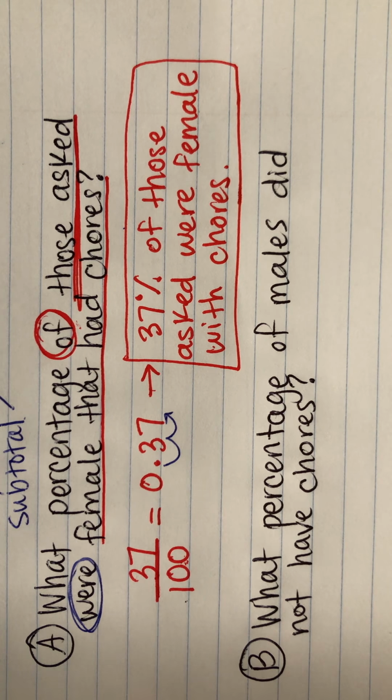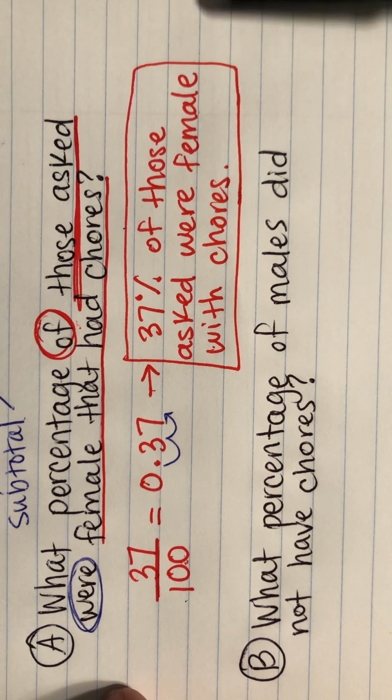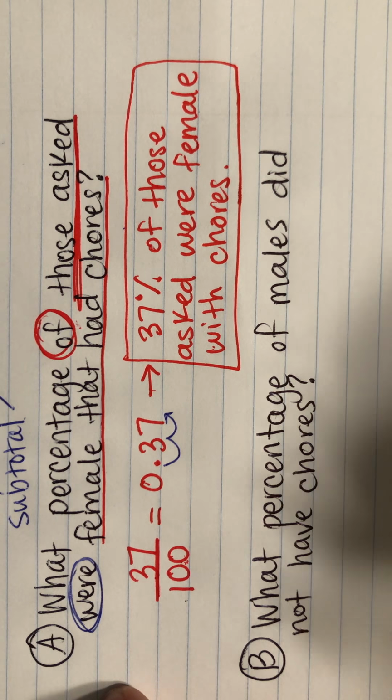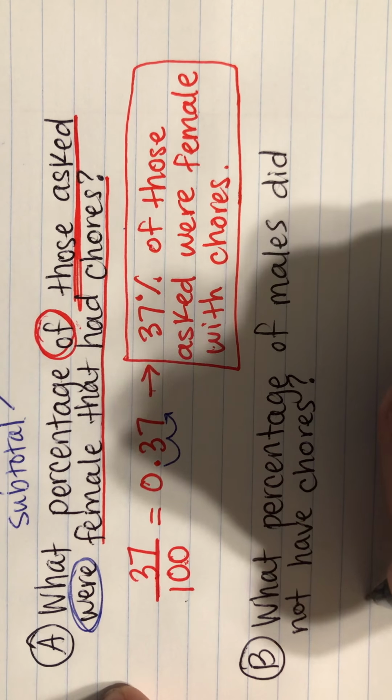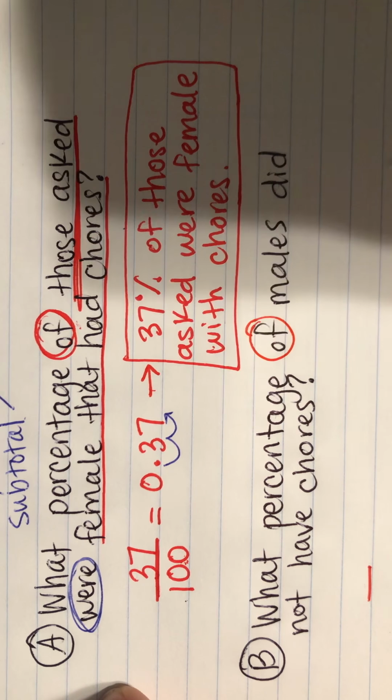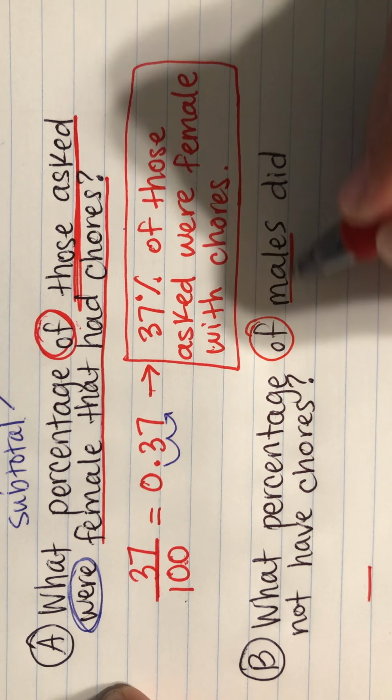Okay, so here we're going to do the same thing we did for A. We're going to look for the word "of" to tell us what number is going to go on the bottom. Here's "of," and we have males.